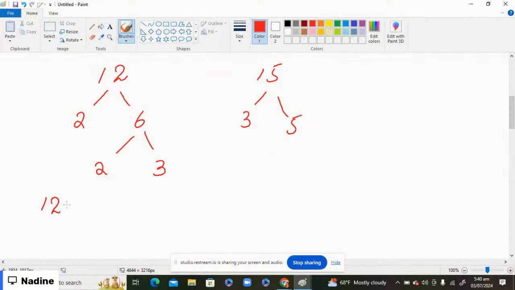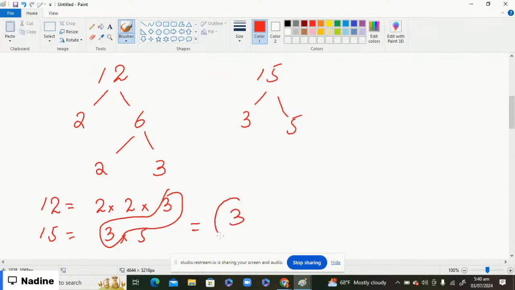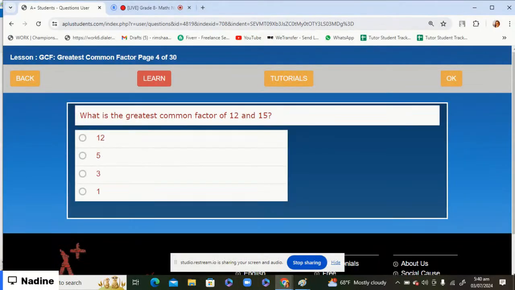Let's just write 12 is 2, 2 and 3, and for 15 it's 3 and 5. What is common? This 3 is common, so 3 is the answer.